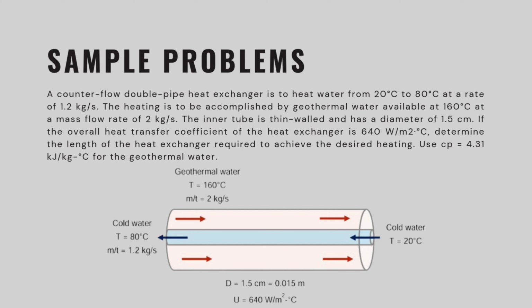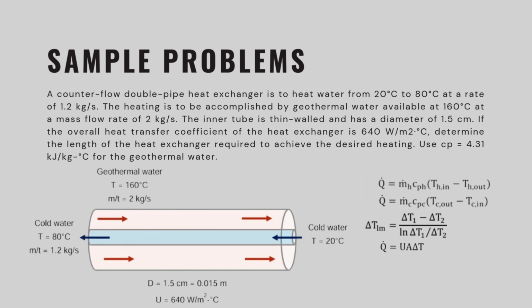The inner tube is thin-walled and has a diameter of 1.5 cm. If the overall heat transfer coefficient of the heat exchanger is 640 watts per square meter degrees Celsius, determine the length of the heat exchanger required to achieve the desired heating. Use Cp equal to 4.31 kilojoule per kilogram degrees Celsius for the geothermal water.